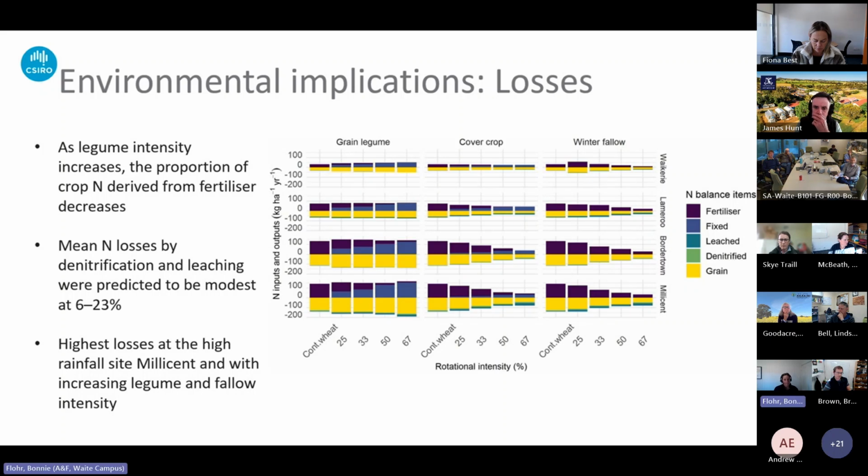The mean N losses by denitrification and leaching were predicted to be quite low at 6 to 23%, with the highest losses being at the high rainfall site, Millicent, and with increasing legume and fallow intensities.